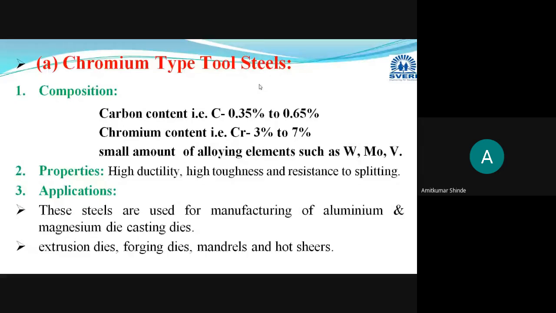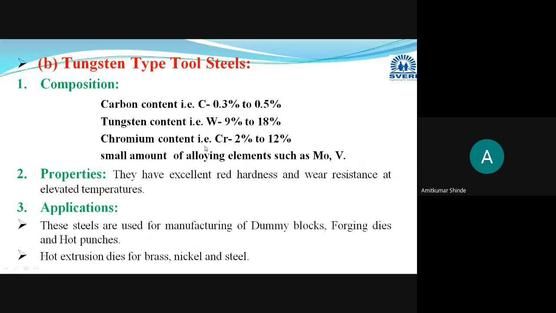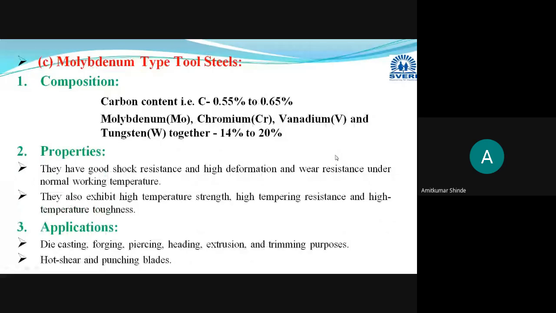Here also a small amount of molybdenum and vanadium, but in molybdenum type tool steel, molybdenum is the principal alloying element, the quantity will be more, and vanadium is also present up to a maximum of 5%.